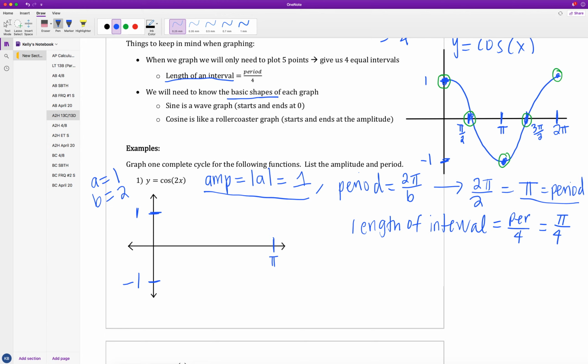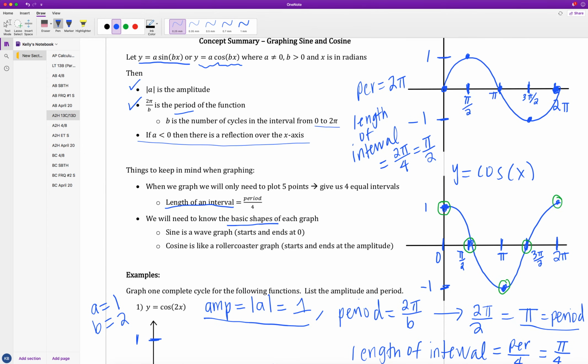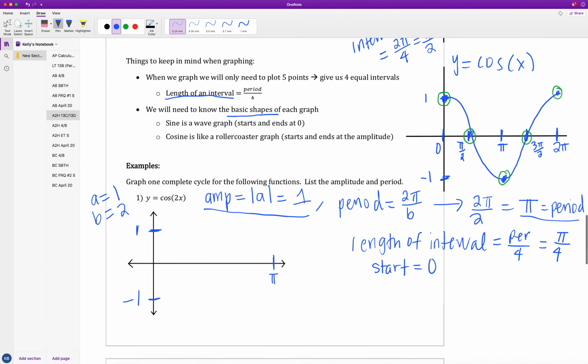So the first point that I'm always starting at, no matter which graph I'm looking at, is going to be 0. Because although cosine starts up here at the y value being 1, the x value that it starts with, if I were to label this, would be x equals 0. Likewise up here, the first value on the sine graph is also 0 for the x value.